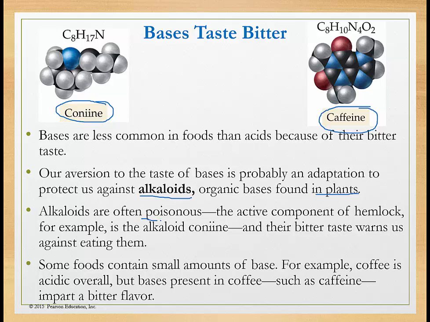It is producing something that will be a poison, so animals won't want to eat it. And over time, our species has evolved to realize that this bitter taste on our tongue is an indication that we're eating a poison. So the idea is your brain tells you when you taste something that's bitter, that's bad for you, spit it out. Okay, so the bitter taste is a warning to us.